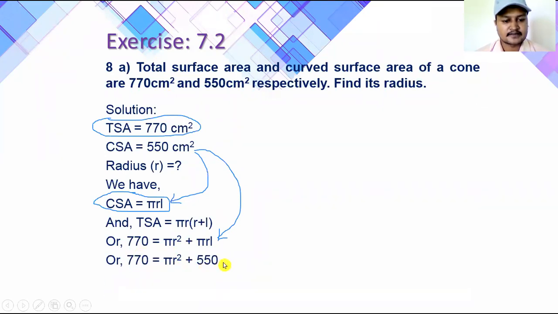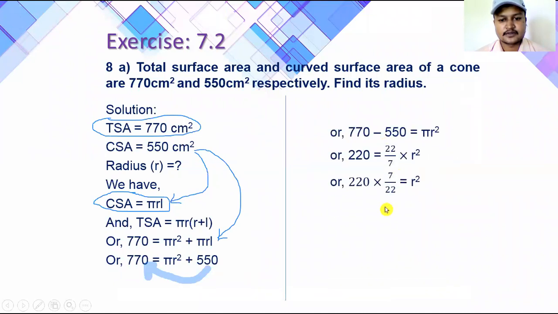770 is equal to pi r square plus 550. Take this 550 to the left side and subtract it. After subtracting, you will get 220 is equal to the value of pi, 22 by 7, into r square. Now again, take these values to the left side, 7 in numerator and 22 in denominator.